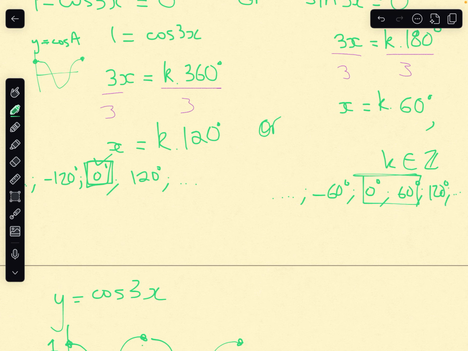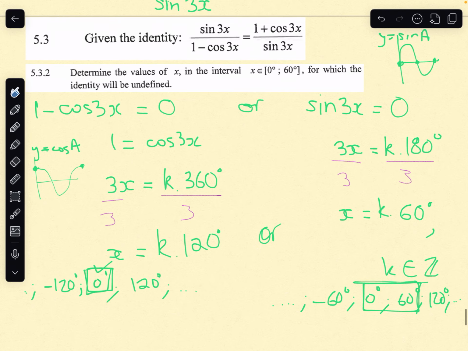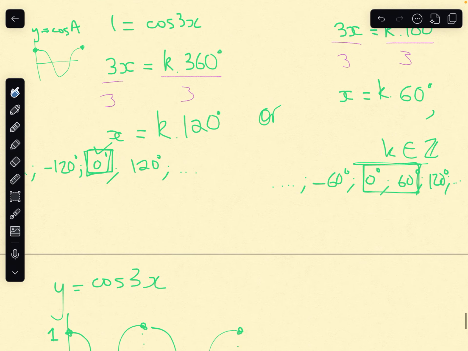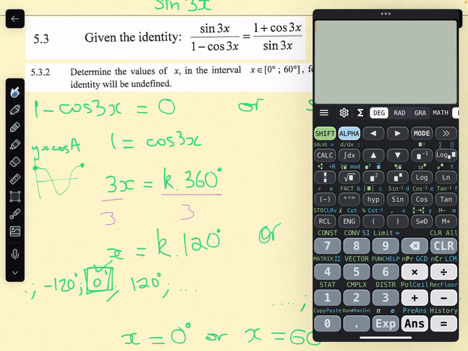So these are the only two solutions that we can take that will fit in this interval. And because, again, the 60 is included in the interval, this guy can come in as well. So our two solutions are that if x is 0 or if x is 60 degrees, the identity will be undefined.